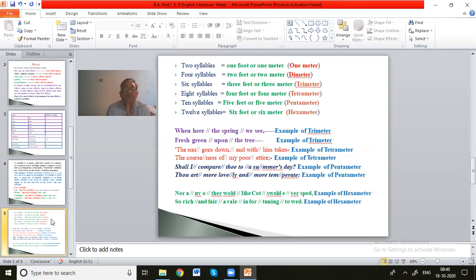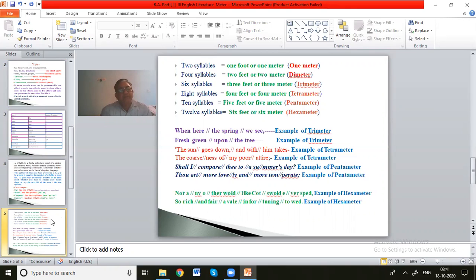8 syllables, 4 feet or 4 meter, technically called tetrameter. 10 syllables is equal to 5 feet or 5 meter, technically called pentameter. These tetrameter and pentameter are often used by poets while composing their poems. 12 syllables, 6 feet or 6 meter, technically hexameter.